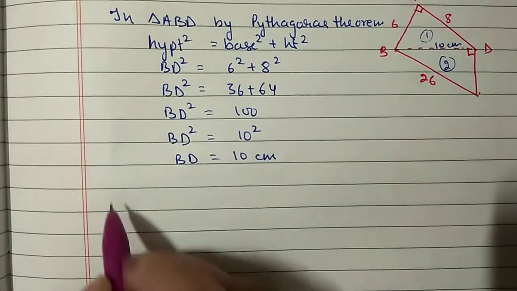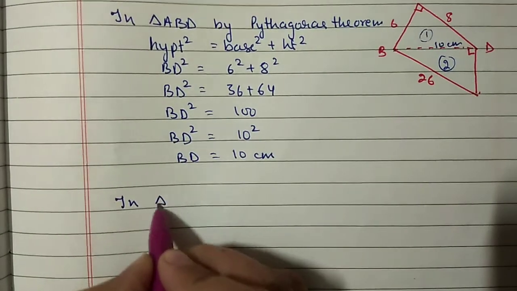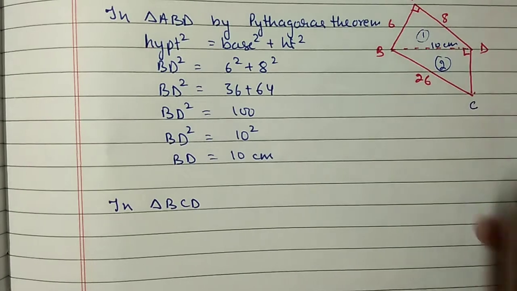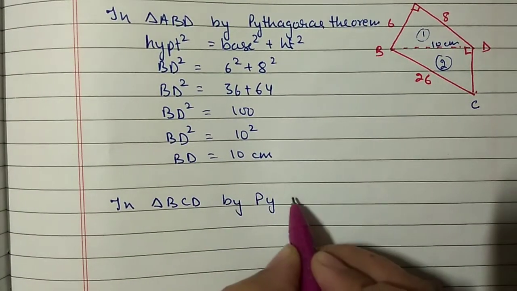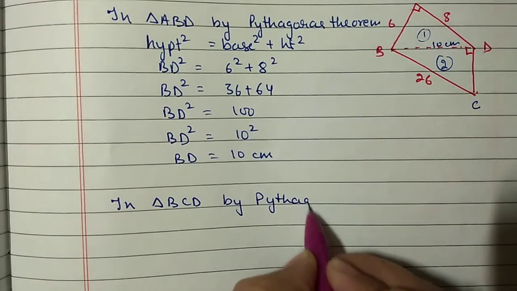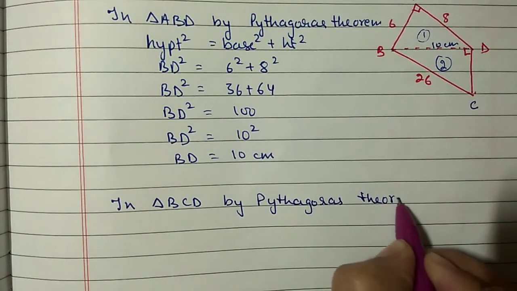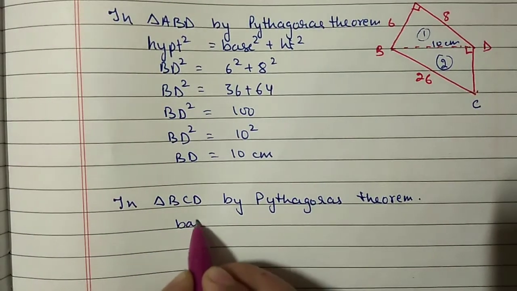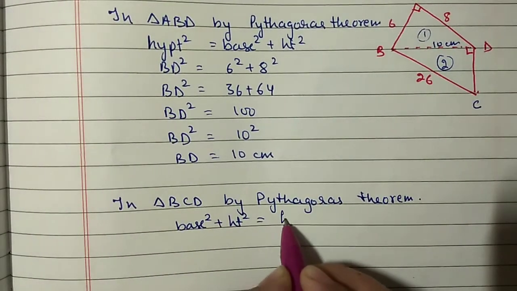Again in triangle BCD, by Pythagoras theorem, this is the point C. Base square plus height square is equal to hypotenuse square.